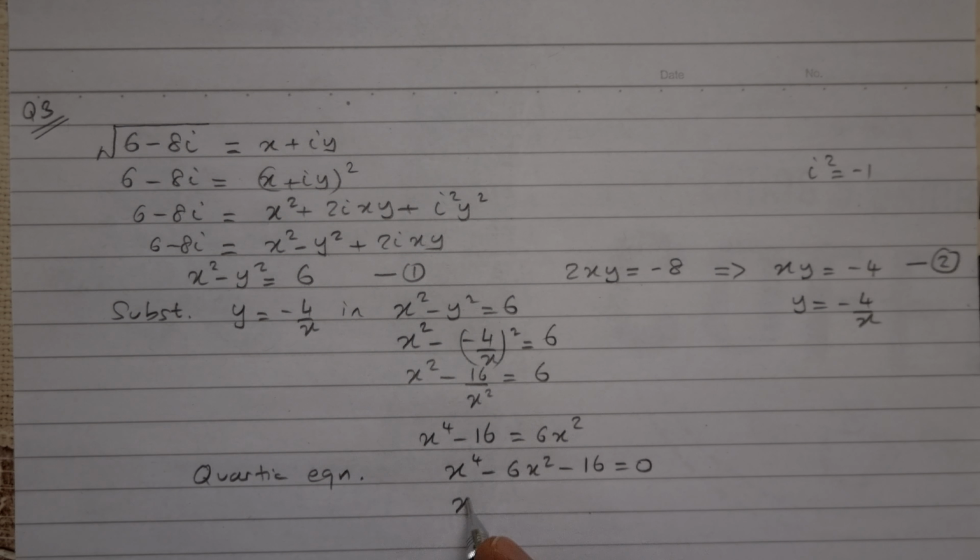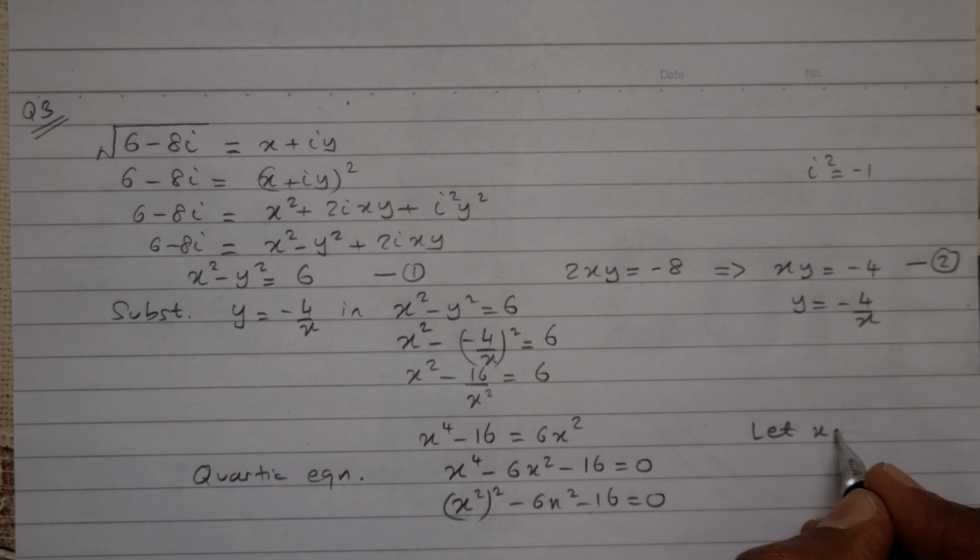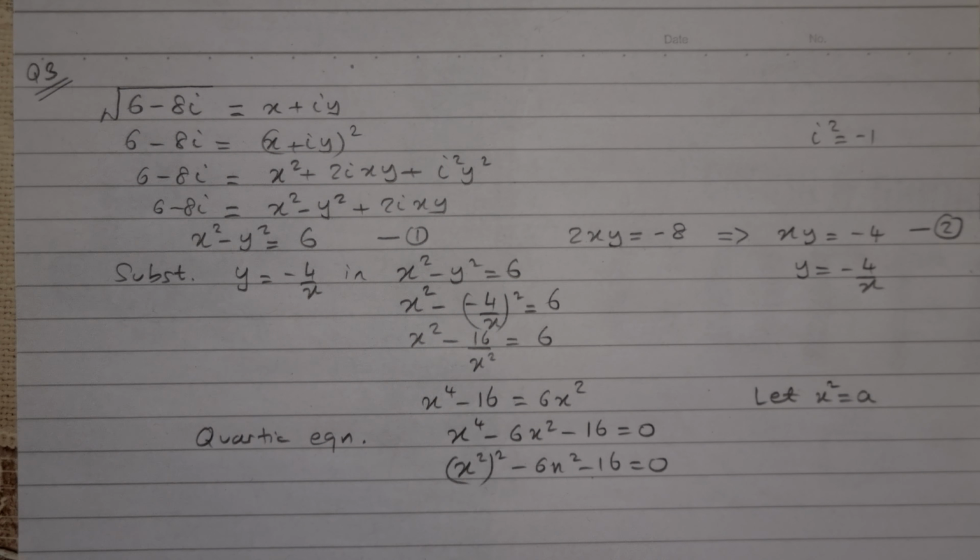And of course, we're going to have to solve this, which we can say x to the power 4 minus 6 x square minus 16 is equal to 0. Now we can let x square is equal to a. So what we are going to get then is a squared minus 6a minus 16 is equal to 0.